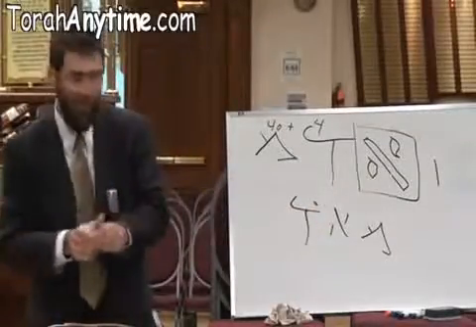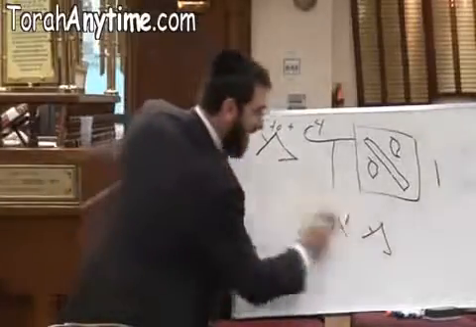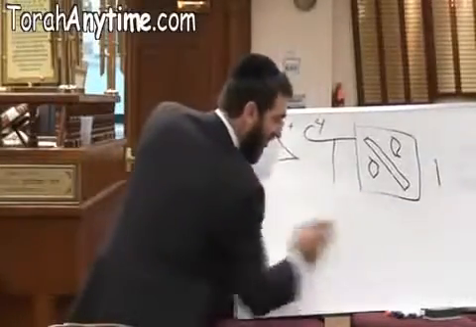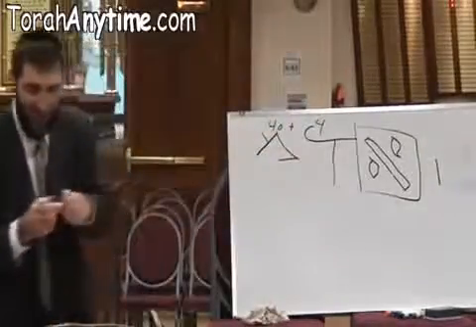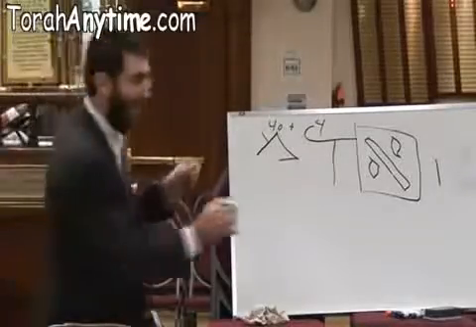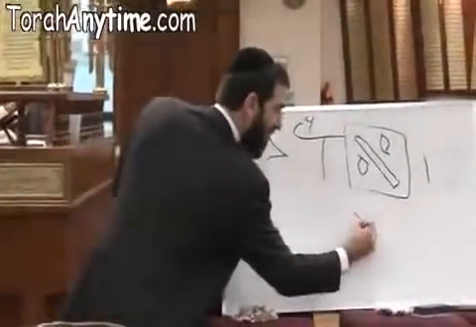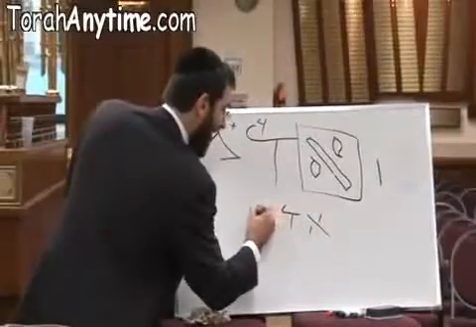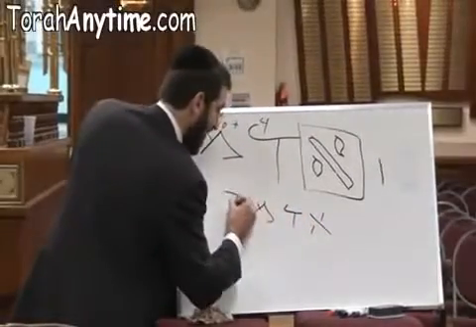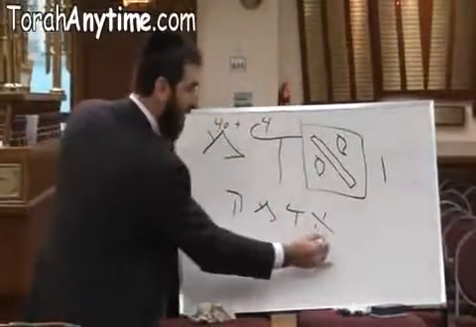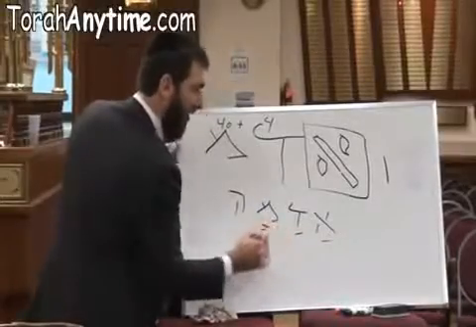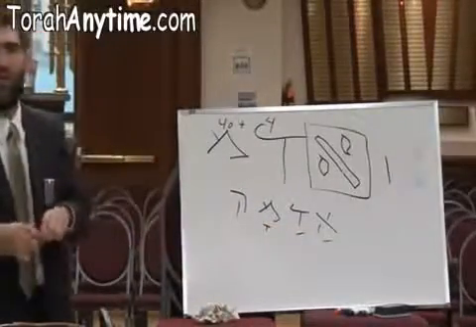Now look how beautifully God expresses this. God created man from what? It's called Adam because he created him from the Adamah. What does Adamah mean? Adamah means the earth. Tell me something.